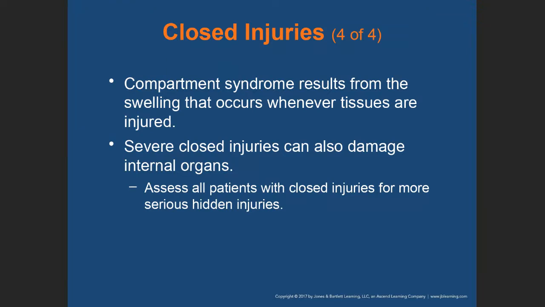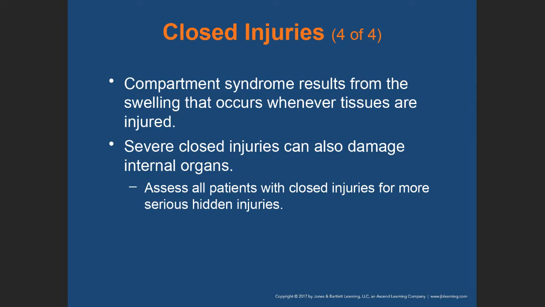So what compartment syndrome is, the patient gets a fracture, but the fracture causes a tear in the membrane around the muscle, the fascia. The fascia around the muscle is not as elastic as other membranes in the body. It doesn't stretch very well.